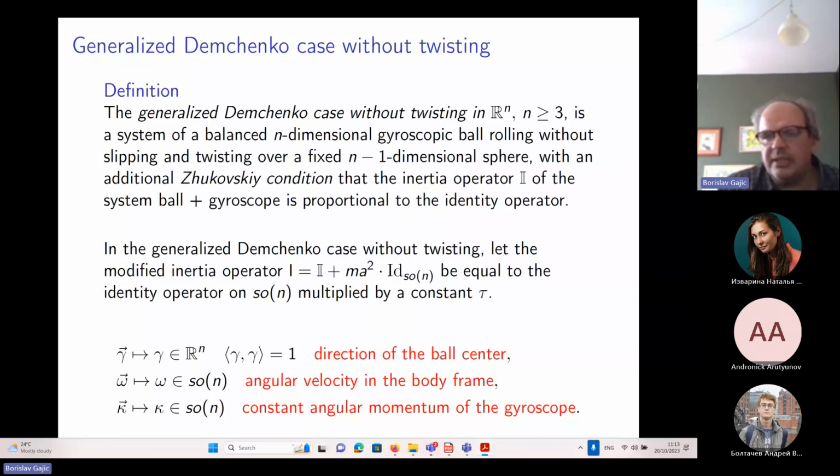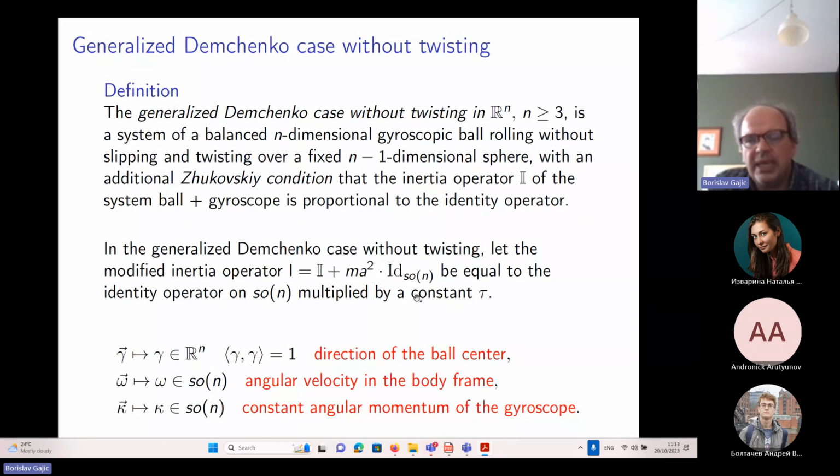Now, in arbitrary dimension, the system is a balanced n-dimensional gyroscopic ball rolling without slipping over an (n-1)-dimensional space, with the additional Zhukovsky condition that the inertia operator is proportional to the identity operator.